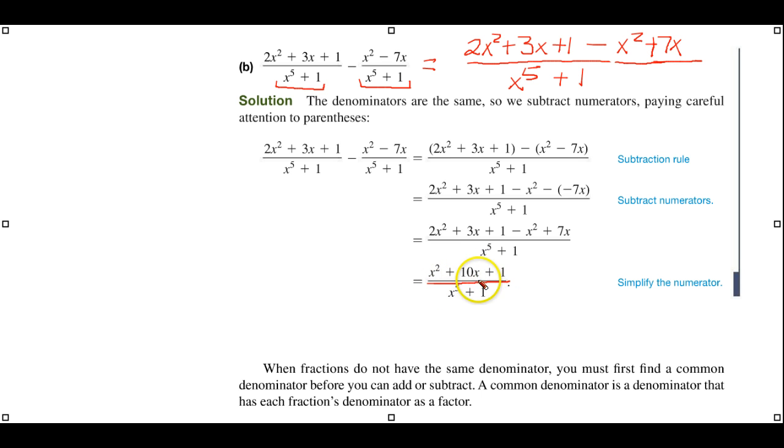Now often, maybe half the time, you're going to be able to factor this numerator once you group it in this form, and then cancel something out. But here, there is no factoring and no canceling out. This is the answer. When the denominators are the same, and it's subtraction, you can put parentheses and change both of these signs, which is what they're doing here. Okay?